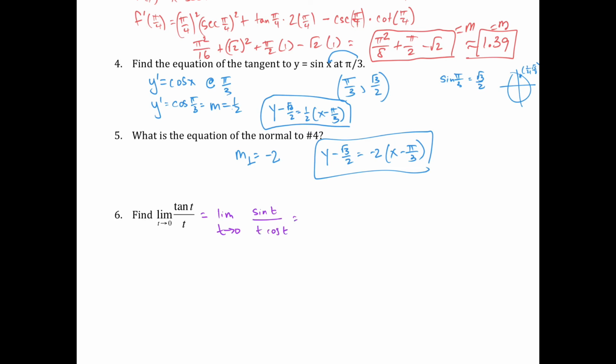And this gives me the following: the limit as t goes to 0 of the sine of t over t times the limit as t goes to 0 of 1 over the cosine of t. Well, we memorize this one. This one is 1. Over here, if I try direct substitution, I get 1 over 1. So 1 times 1. So this answer is 1.